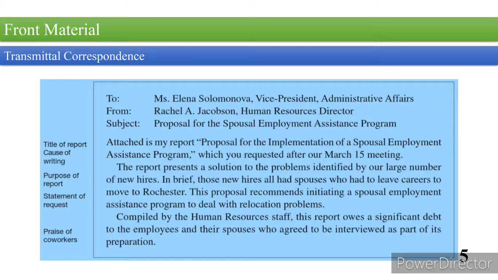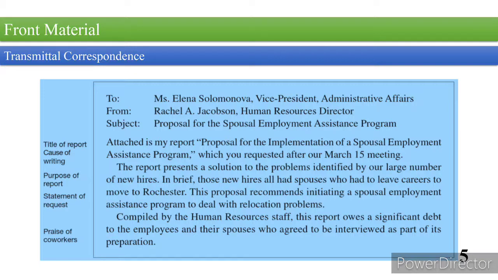So how you can write, like in the example you can see, attached is my report. Now you have to write what the title of your report is. That is, proposal for the implementation of spousal employment assistance program, which you requested.